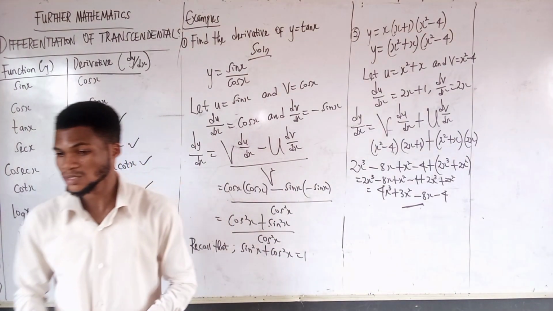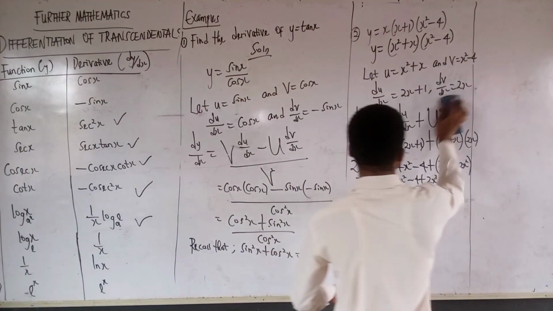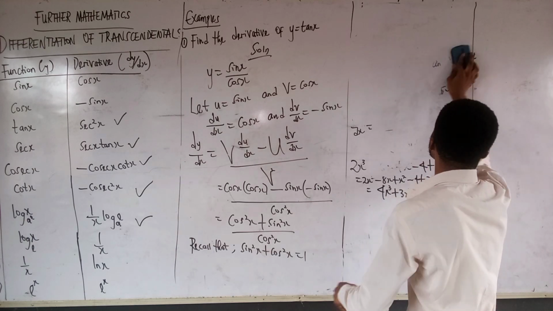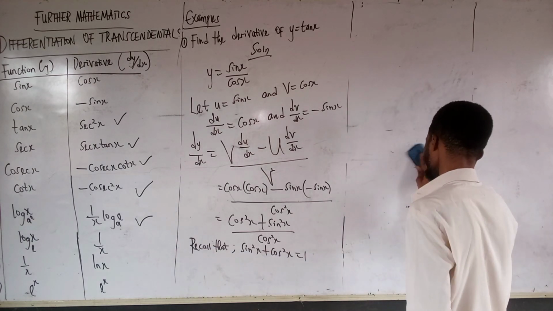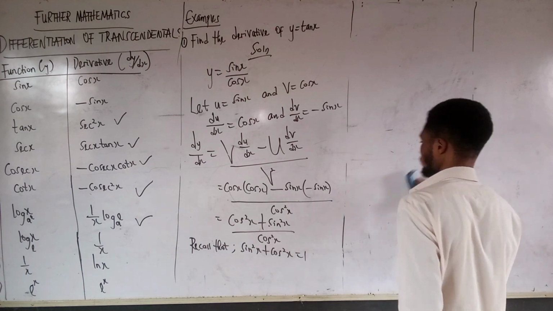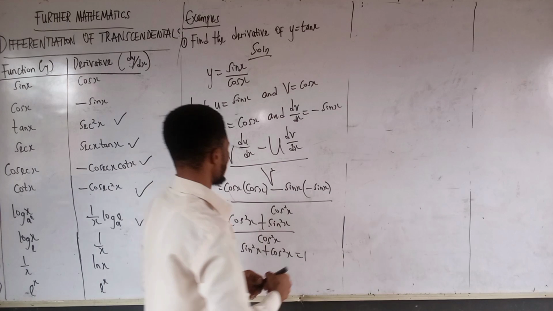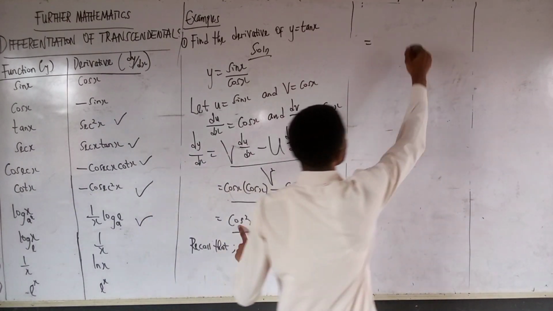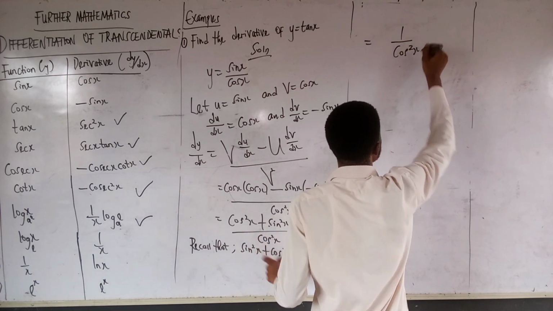Then I will have the final expression as 1 divided by cos square x.